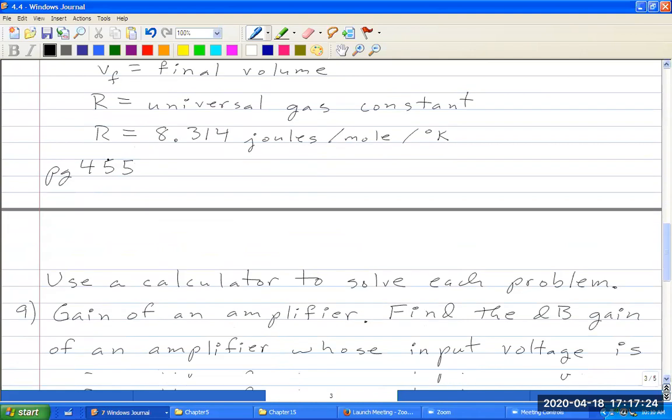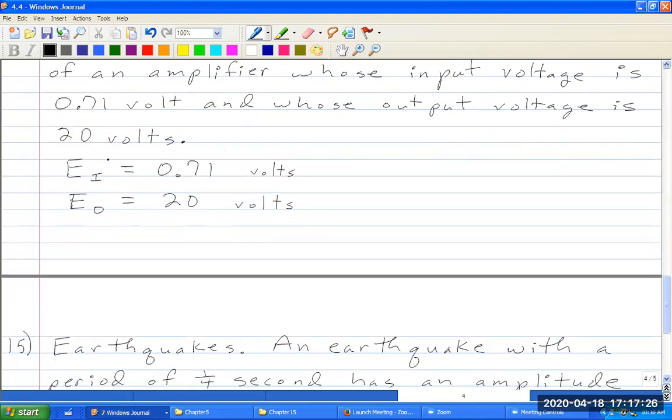Okay, so the decibel gain, not that it matters, is going to be 20 log 20 over 0.71.